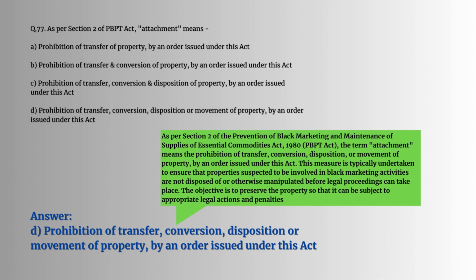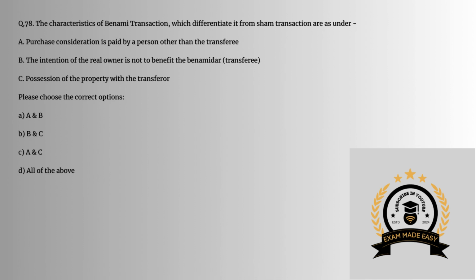This measure is typically undertaken to ensure that property suspected to be involved in benami activities is not disposed of or otherwise manipulated before legal proceedings can take place. The objective is to preserve the property so that it can be subjected to appropriate legal actions and penalties. So the answer would be D, prohibition of transfer, conversion, disposition, or movement of property by an order issued under this act.